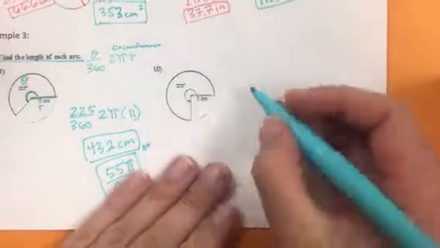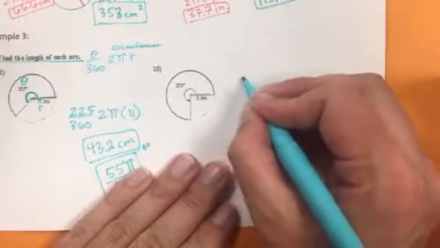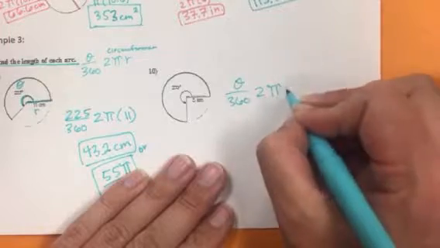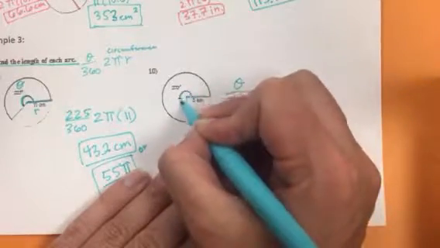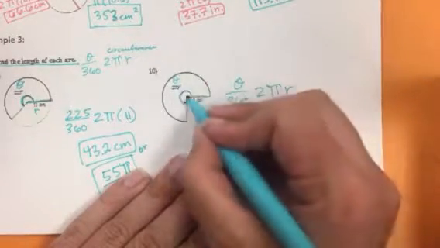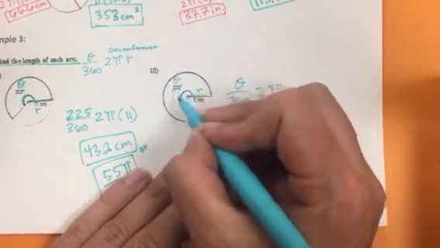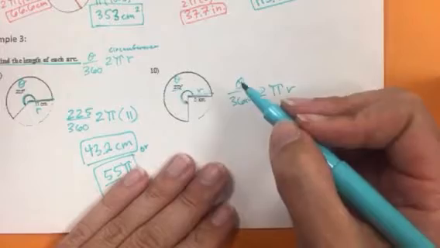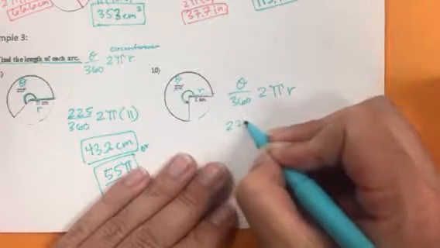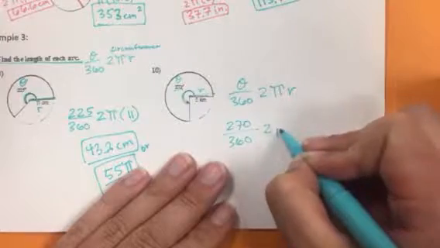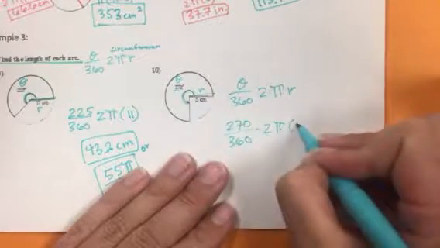We have theta over 360 times 2 pi r. Here's the measurement of my angle, and here's my radius. I'm going to say it's 270 over 360 times 2 pi times the radius 5.